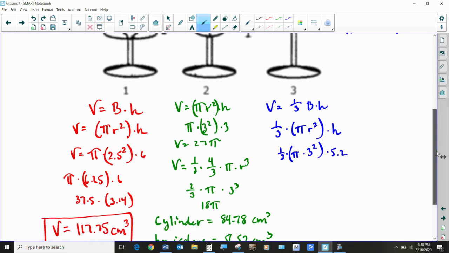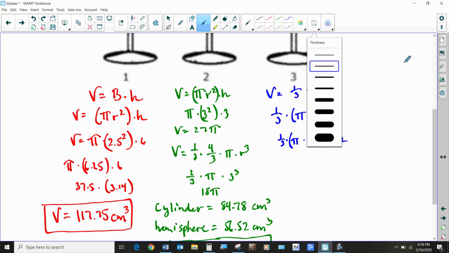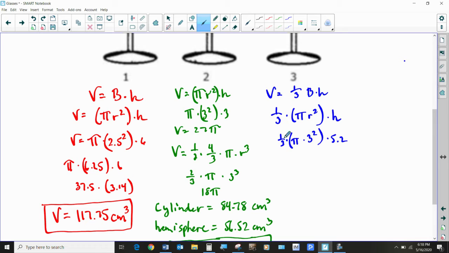All right, so let's get back to our cone-shaped cup or glass. What do we have here? 1/3 times pi times 3 squared times 5.2. So I believe that this 1/3, if I multiply that times 9, that's going to be 3, right? So this is going to be pi times 3 times 5.2.